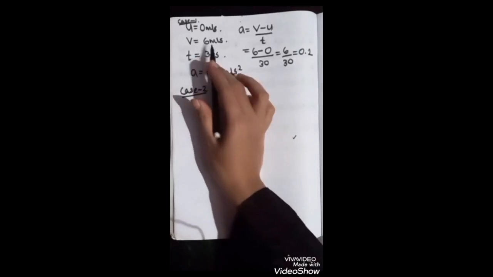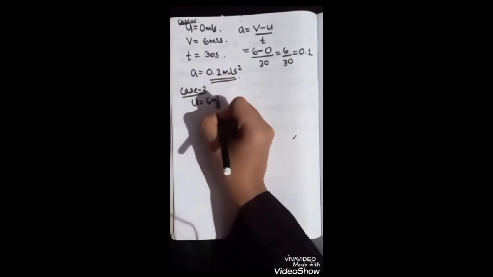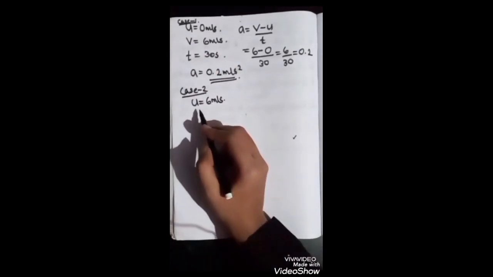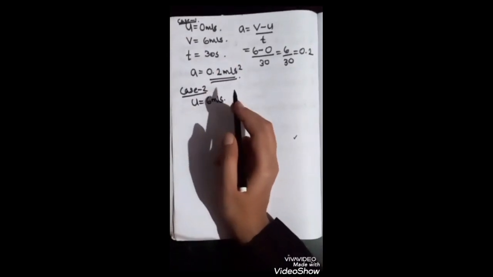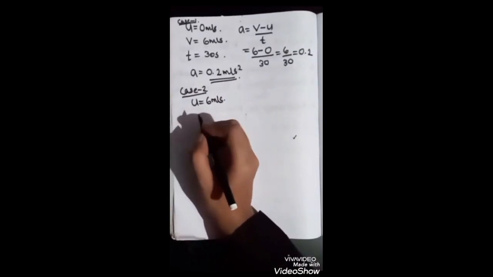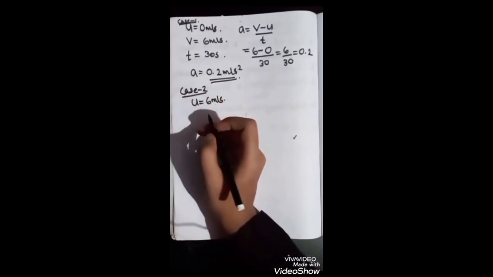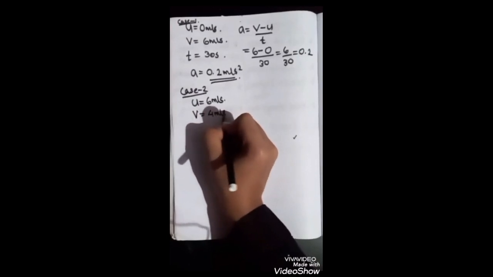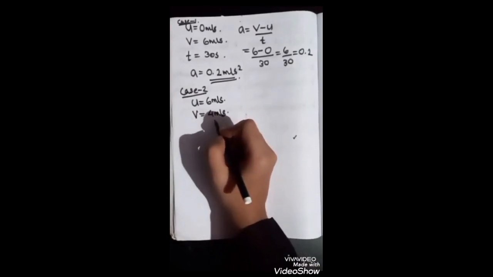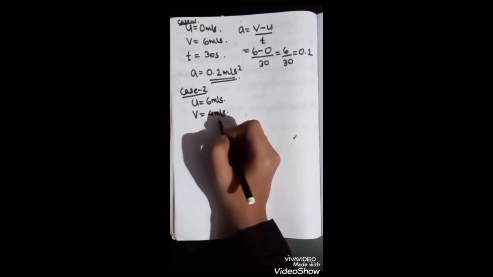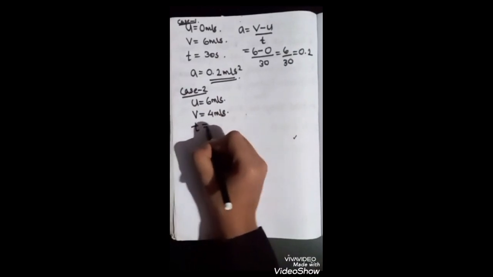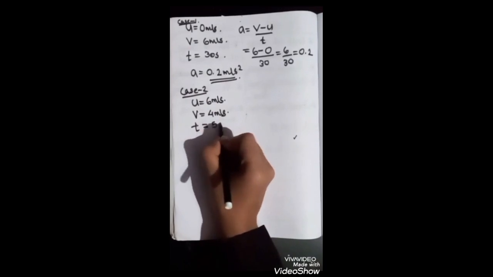In the next case, the final velocity becomes the initial velocity, and after applying the brake, the velocity becomes 4 meter per second in the next 5 seconds, that is, t is equal to 5 seconds.